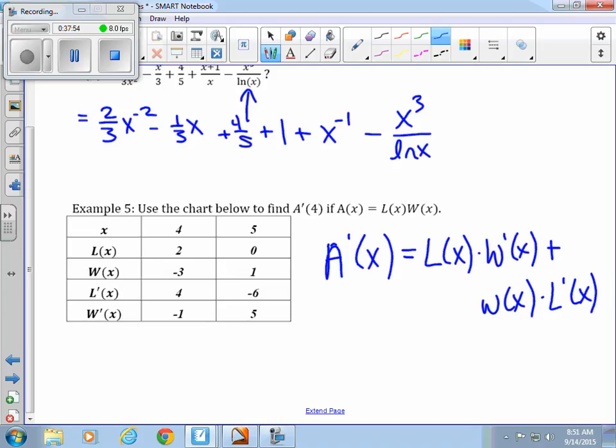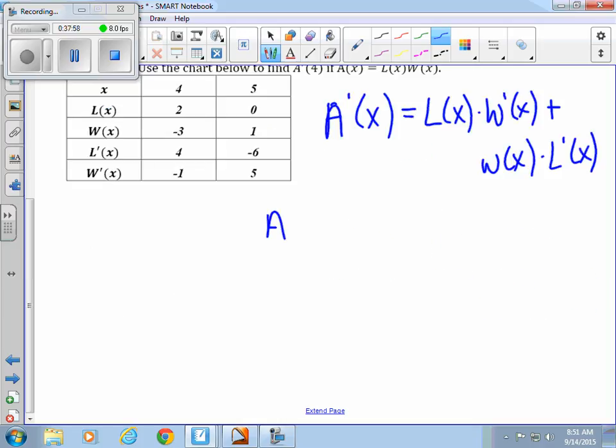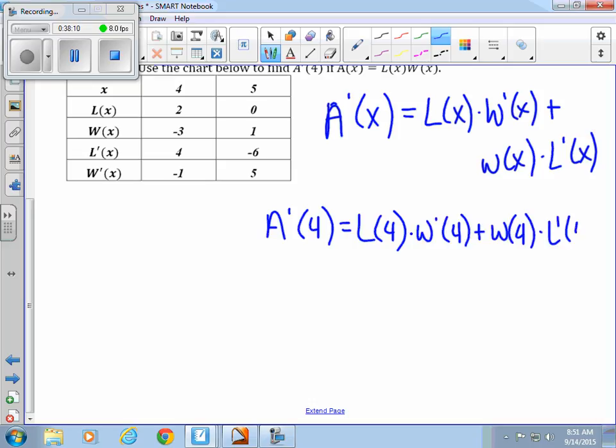And then how would you find A prime of 4? Would you just put a 4 where all the x's are? L of 4 times W prime of 4 plus W of 4 times L prime of 4.